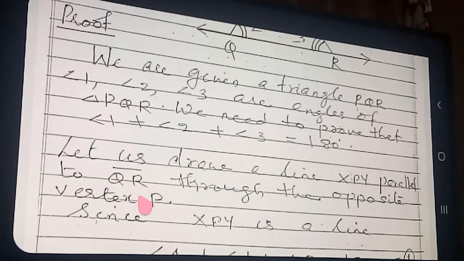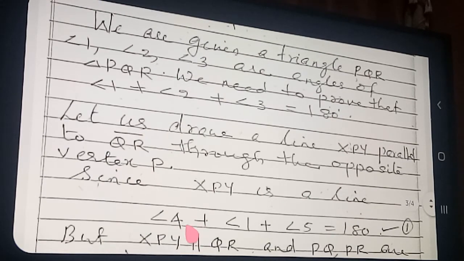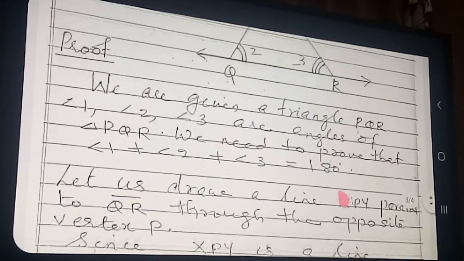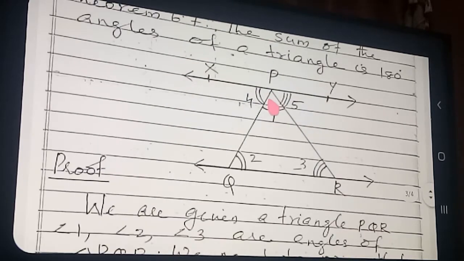That is also clear? Now next point. Since XPY is a line, angle 4 plus angle 1 plus angle 5 is equal to 180. Simply saying is not enough, we can see the diagram. XPY is a line, no? So in this line XPY, how many angles are forming? The sum of all the angles should be 180, because it is a straight angle.